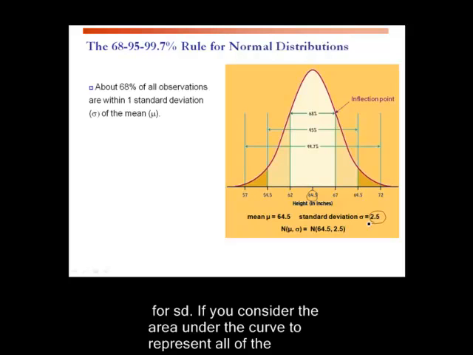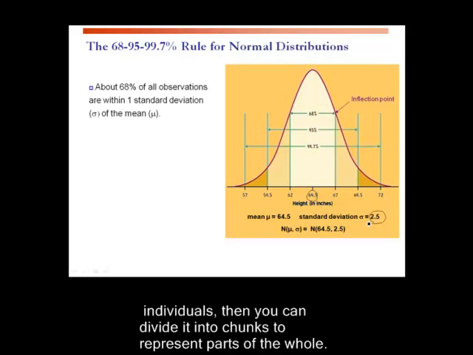This is very interesting because tomorrow, if your instructor comes back and says exam scores were normally distributed with a mean of 80 and a standard deviation of 10, then you know that 68% of students had a score between 70 and 90. I didn't even have to take a look at the scores.